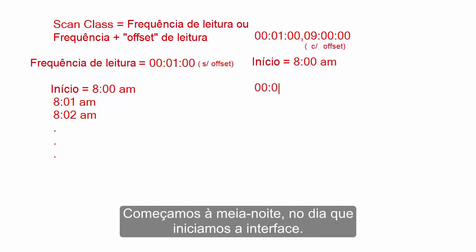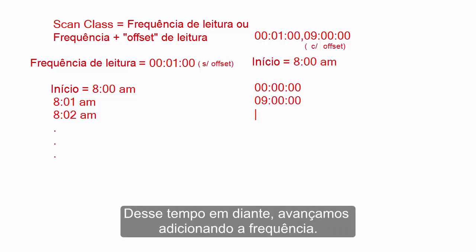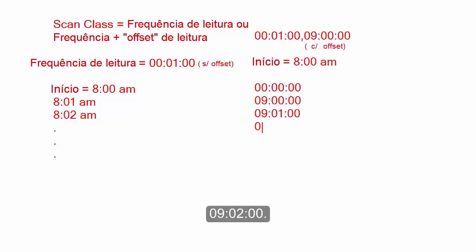We start at midnight on the day we start the interface. We then add the offset, which is 09:00:00. From that time onwards, we march forward by adding the frequency. So we add the frequency, and now it should be 09:01:00, 09:02:00.